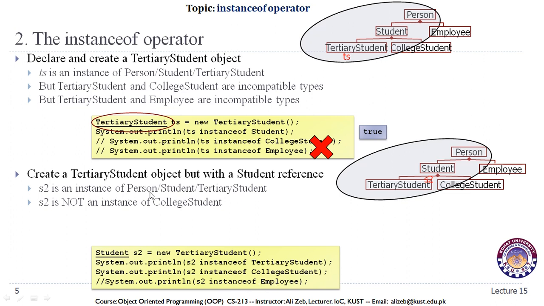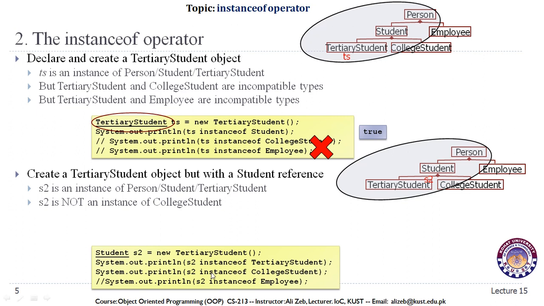S2 is an instance of Person, Student and TertiaryStudent, so this statement should return a true. If we say S2 instanceof, let's say, Student, that should also return a true.